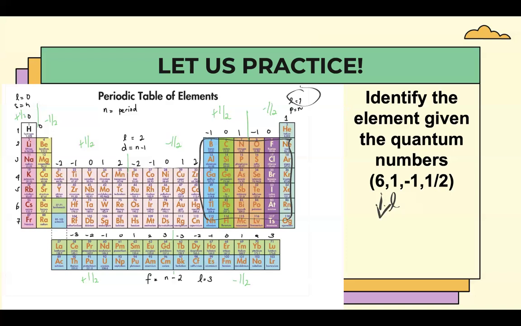So all of the ones on the P block over here, the sixth row, are the possibilities. Next is to identify those with -1. So it's either this one or this one, -1, right? So we have either polonium or thallium. And then lastly, identify if it's positive or negative 1/2. So it's +1/2. So the final answer should be Tl, or thallium.